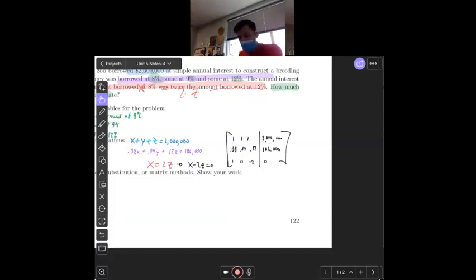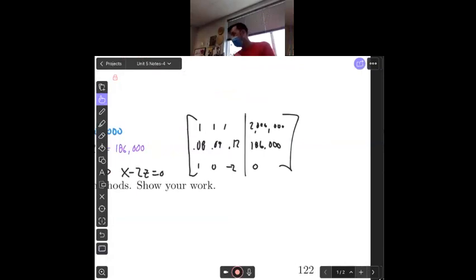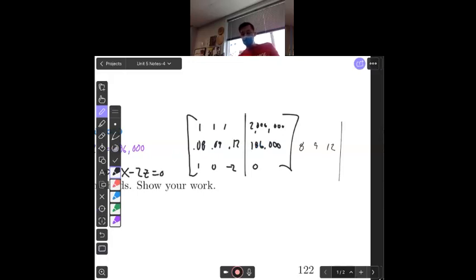Just like last time, if we wanted to get rid of the decimals first, we could multiply that second row by 100, and obviously that's just going to make this number over here that much bigger. So you could do that. You'd have 8, 9, and 12, and then I think that would become 18.6 million. You could just write this as 18.6, and this one could just be 2, 1, 1, 1.